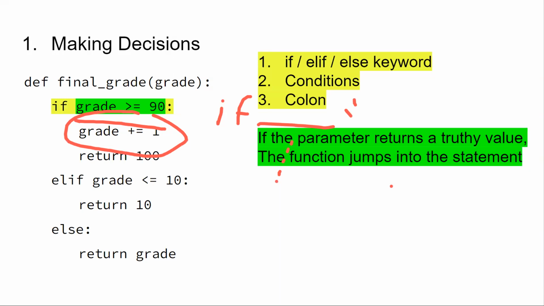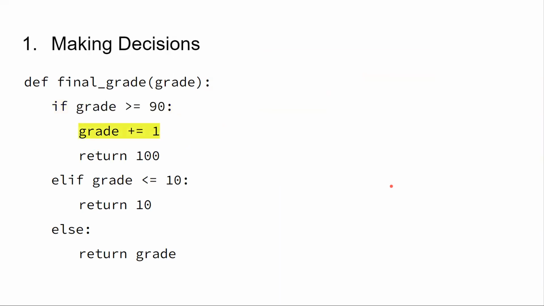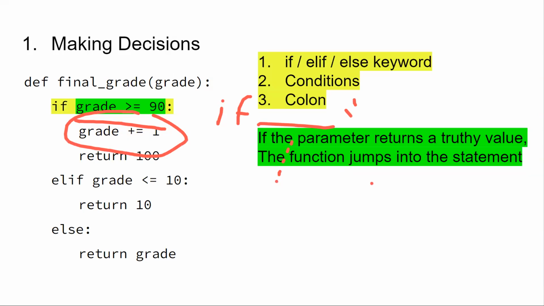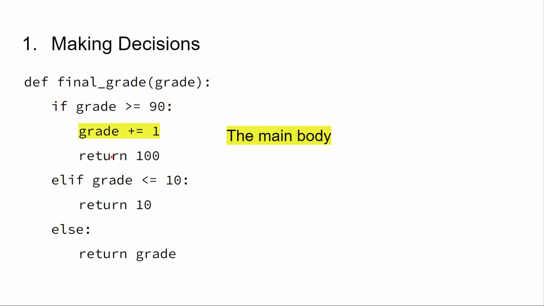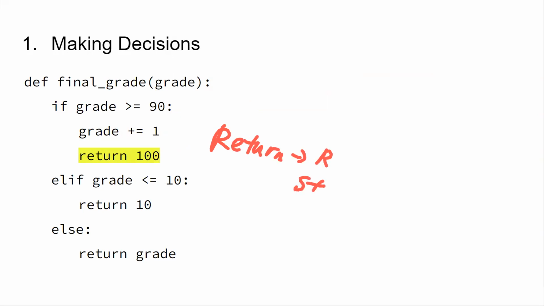Else you just skip them. So the function jumps into the statement and runs the main body, and maybe you have something else in the if statement, but once you hit the return statement, it means return and then stop. We're actually running the code inside the frame created by this function.